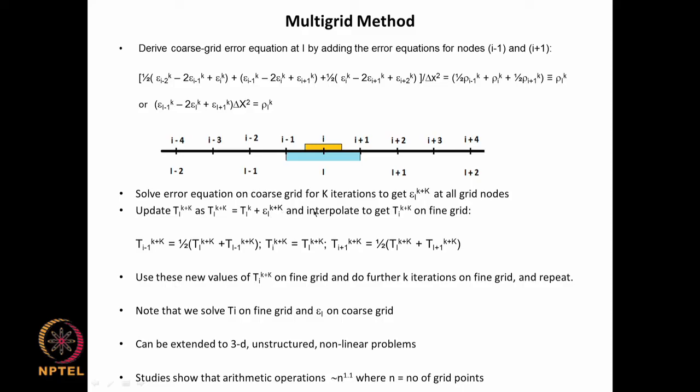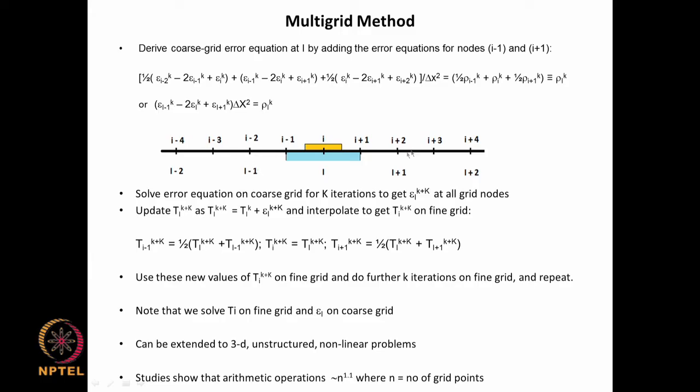So, with this we can go to the fine grid. We now have an improved solution, but the problem is that these estimated values are available only at the coarse grid points, that is capital I minus 1, capital I minus 2, like this. Whereas, if we want to solve on the fine grid, we need to know at this point and also at small I minus 1, small I minus 2, small I minus 3.